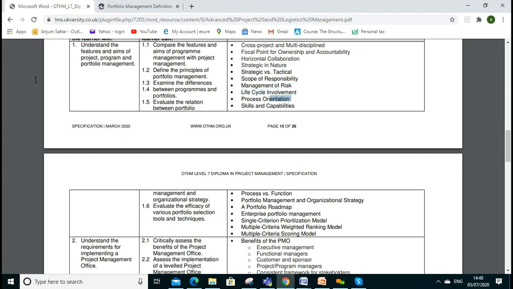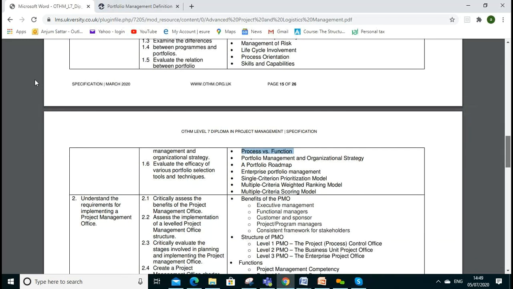Various life cycles are involved in the project life cycle: when the project finishes, the product life cycle starts. Process of orientation: how we can introduce our project, what the stages are. Skills and capabilities: what skills and capabilities are required, so we discuss competencies and capabilities. Capability means ability to do something, and capability and skill together are called competencies, which means how competent you are.